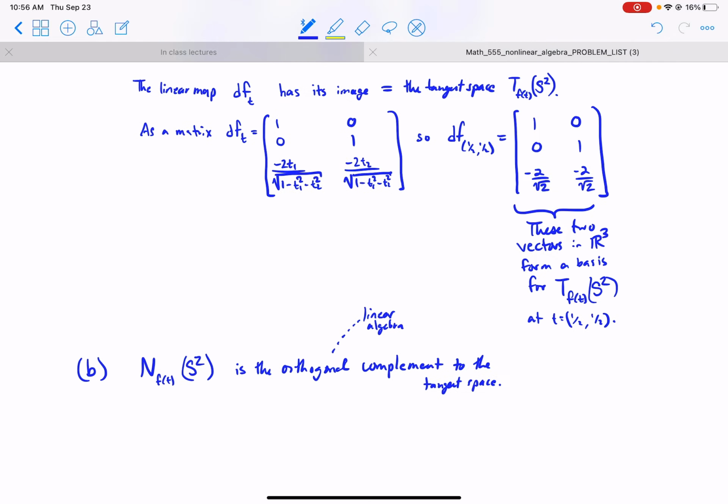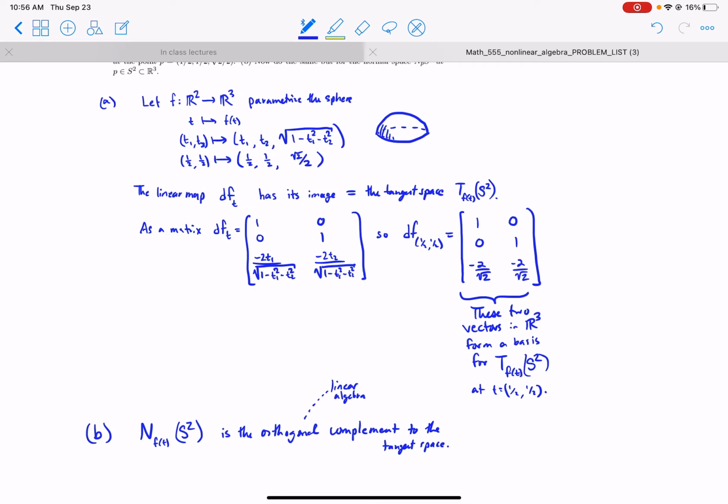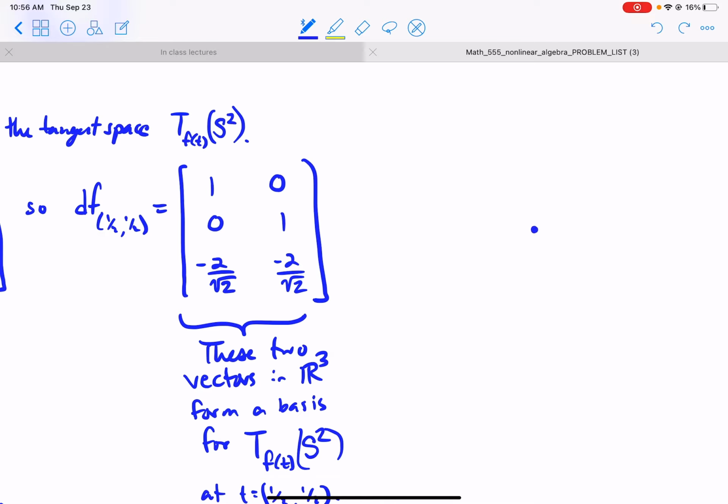Okay, and so this is also something you'll learn in multivariable calculus. So the normal space is the orthogonal complement, which means if I have a basis here, all I need to do is get a vector orthogonal to both of these vectors. So sort of my picture is that at some point on the sphere, I have two vectors, and they span a plane, and that plane is sort of tangent to the sphere at this point.